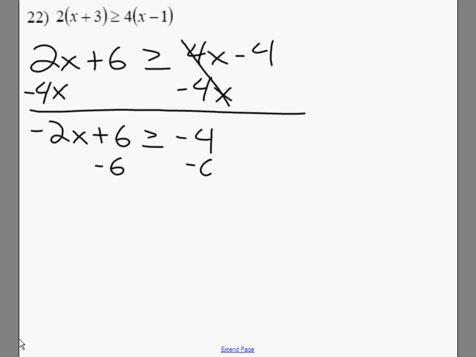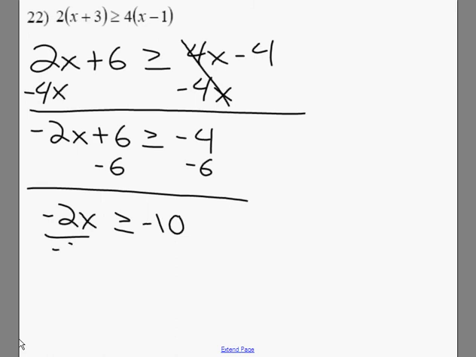Subtract the 6. You get negative 2x greater than or equal to negative 10. Divide by negative 2. And x is less than or equal to positive 5.